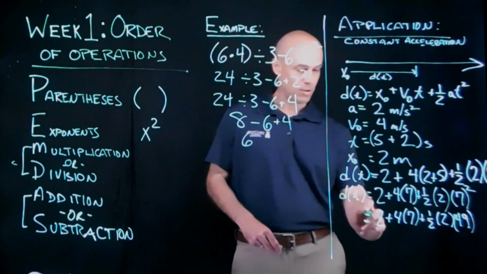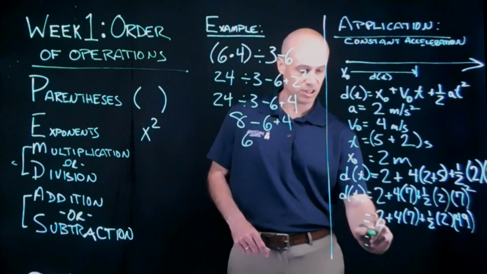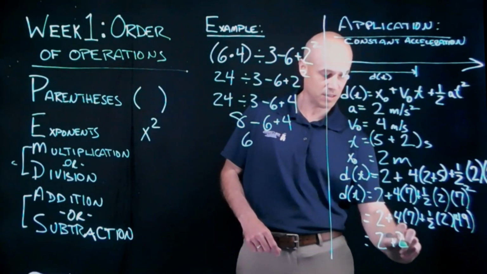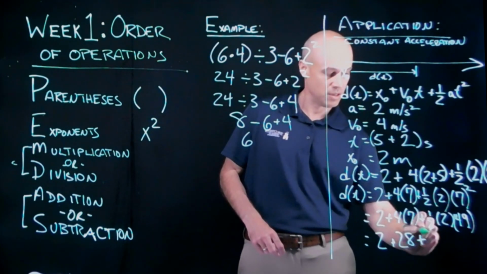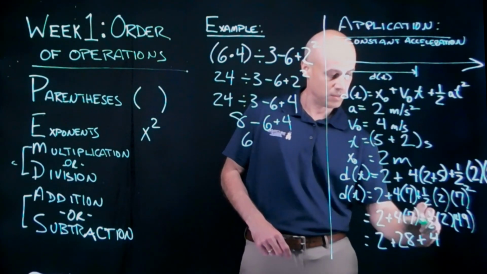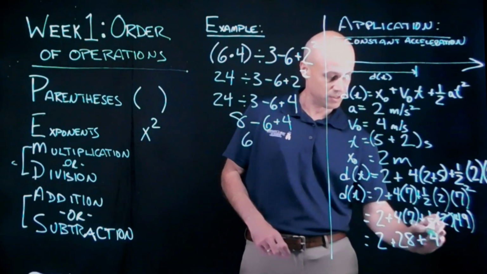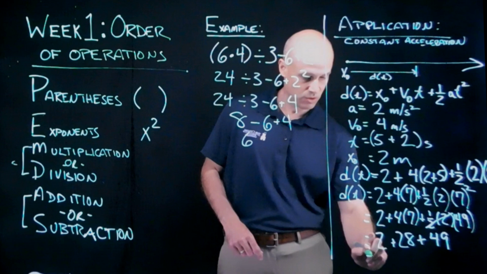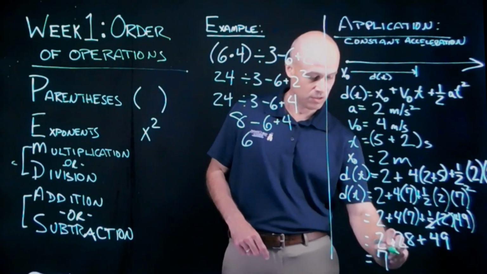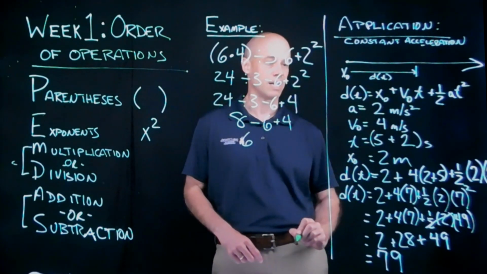Okay, now we can do our multiplication and division. These are going to cancel out. Okay, and that is going to leave us with 79.